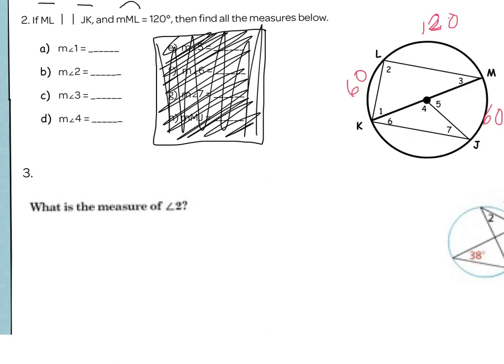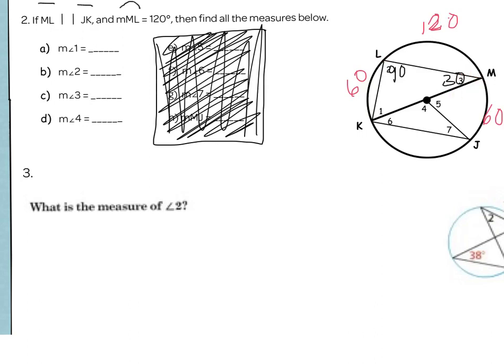So right away we know that angle 2 here is going to be clearly 90 because it is a part of that diameter. Angle 3 should be very clear because if we look at it, it goes right to L and K, and we know arc LK is 60, so this angle 3 has to be half. So that would be 30.